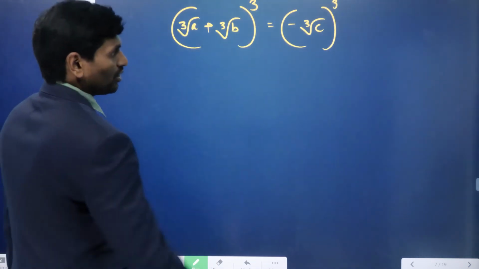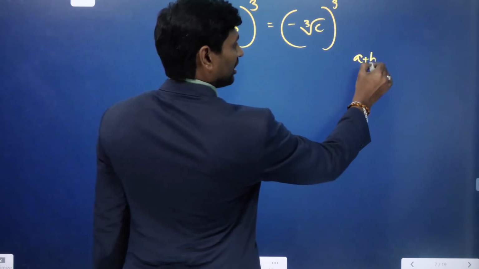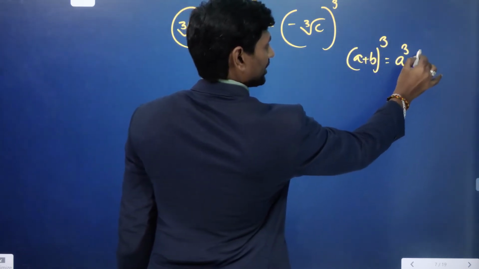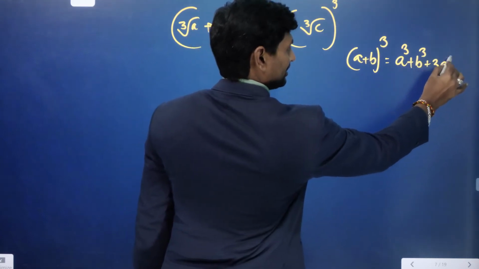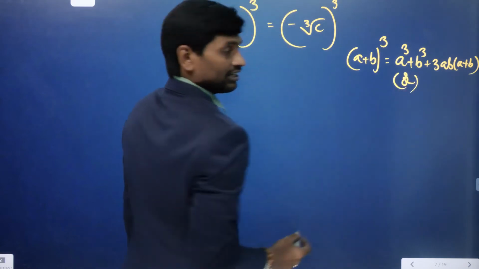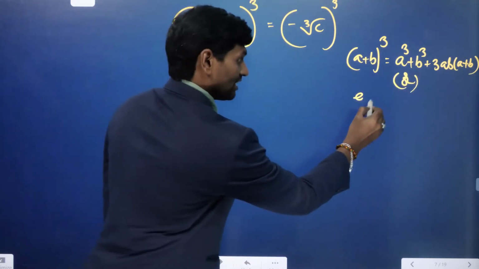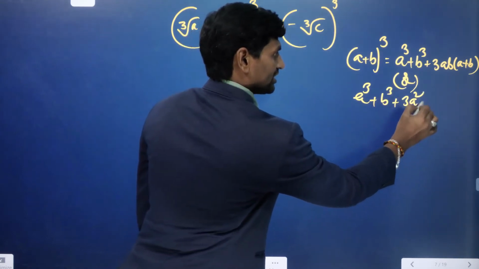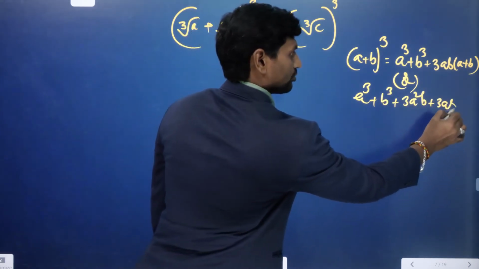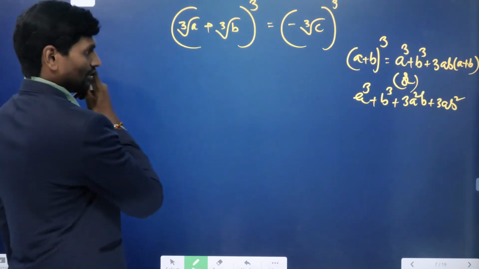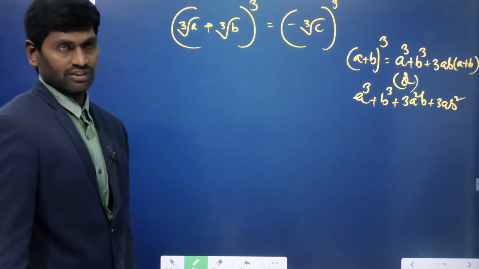What is the (a plus b) whole cube formula? (a plus b) whole cube equals a cube plus b cube plus 3ab into (a plus b), or we can write as a cube plus b cube plus 3a square b plus 3ab square. Anything we can use. I am applying the first one.